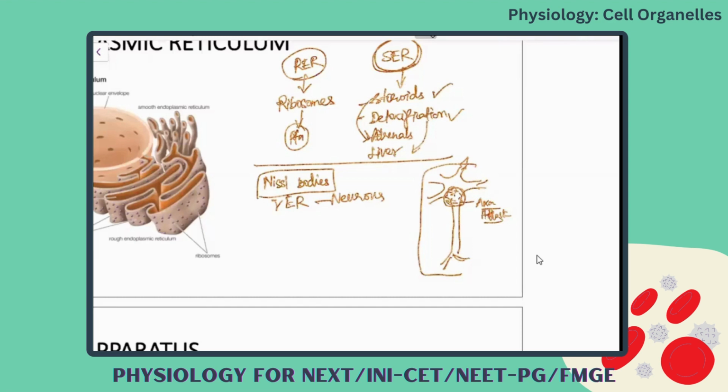This is modified in neurons as Nissl granules, which have a major role in the synthesis of neurotransmitters, the chemicals giving the signaling mechanism within the neurons. So that is about the rough endoplasmic reticulum.